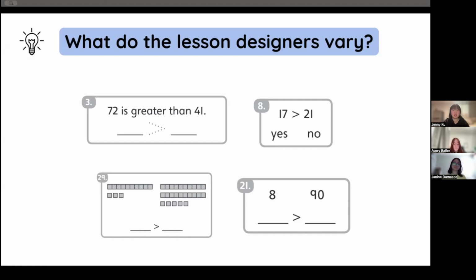When the designers list two numbers, they make sure that the number on the left isn't always the bigger number. This ensures students think carefully about the value of each number rather than relying on a fixed pattern. Finally, the lesson incorporates visual models to represent numbers, allowing students to notice that numbers can also represent quantities.